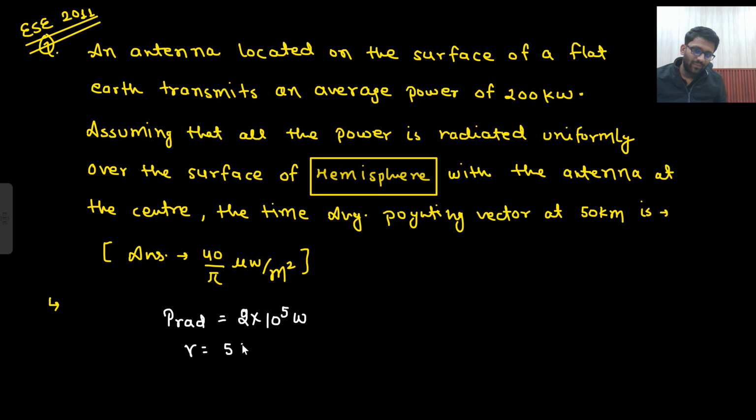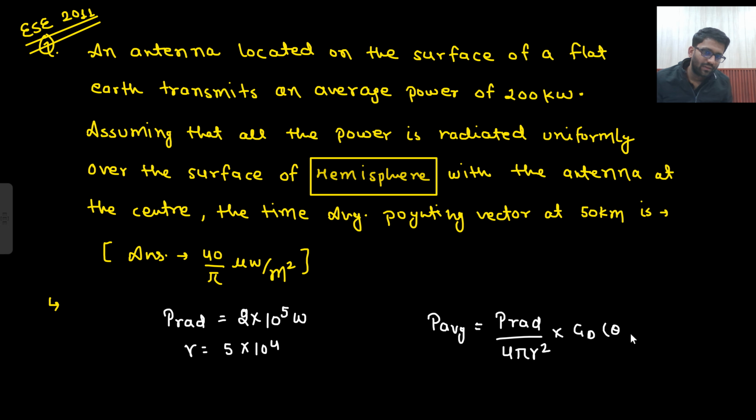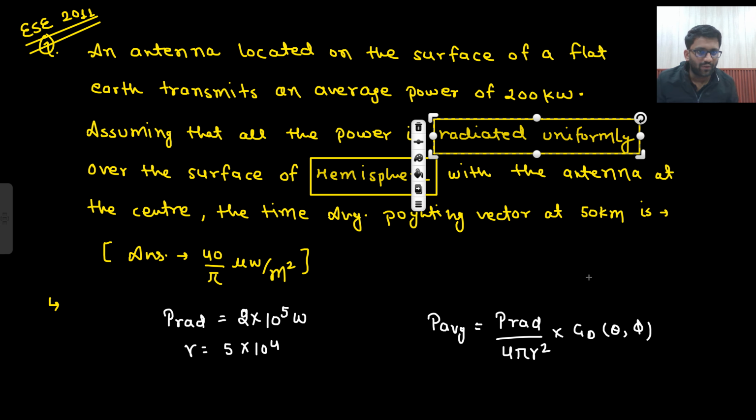So which formula will I apply? Will I apply this formula, that my P average, what did I tell you? If P radiated covers the distance of r, then P radiated by 4 pi r square into directive gain. But here they are assuming that the power is radiated uniformly. What does that mean? It is isotropic.